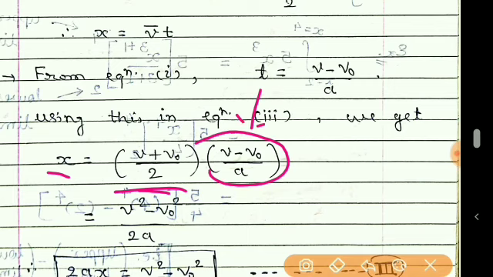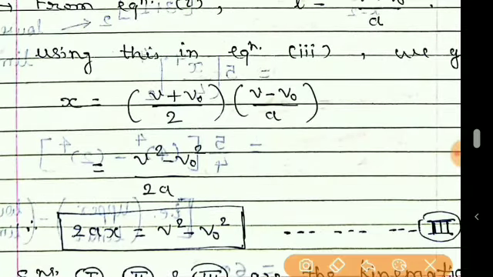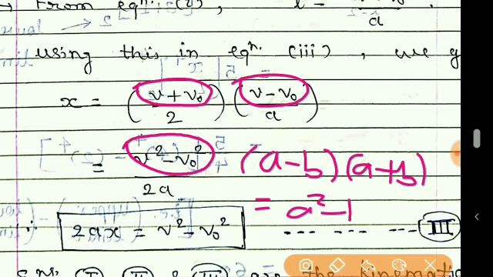Now students, again it is simple mathematics. We know that if it is v plus v naught into v minus v naught, then it is v square minus v naught square. We have used this mathematics, that a minus b into a plus b will be a square minus b square.